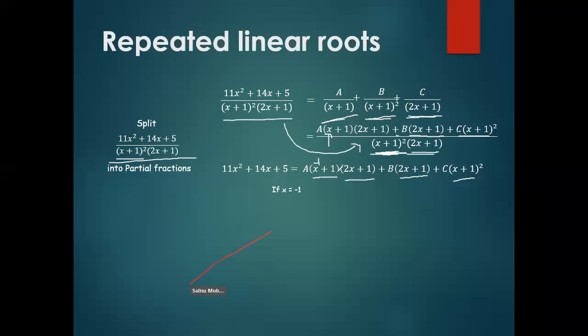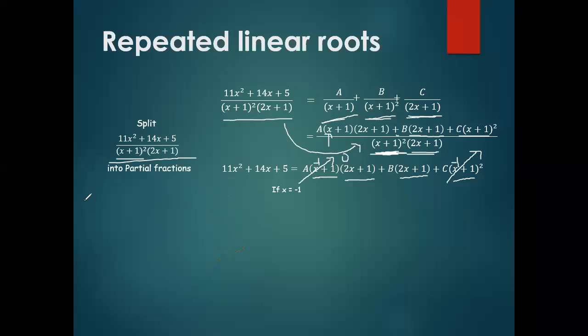Minus 1 plus 1 will be 0. Salisu, please, you are writing on my screen. This will go to 0. And then the same, we have x plus 1 here. If I put minus 1 here, minus 1 plus 1 is 0. So this whole term will go to what? 0.